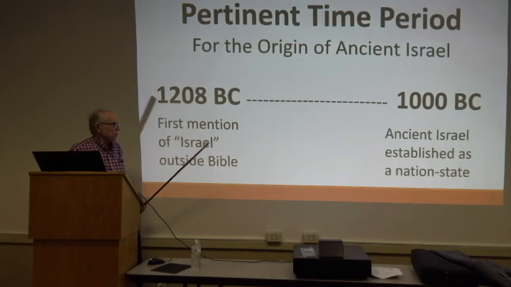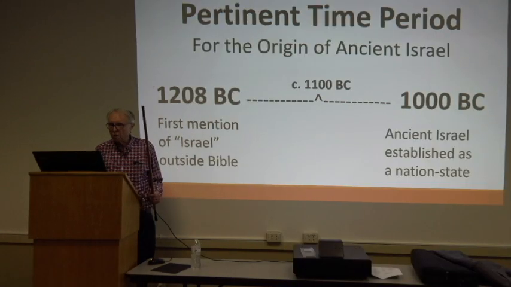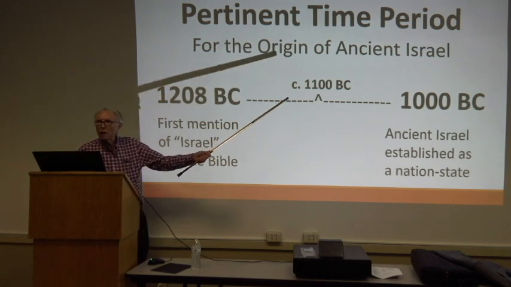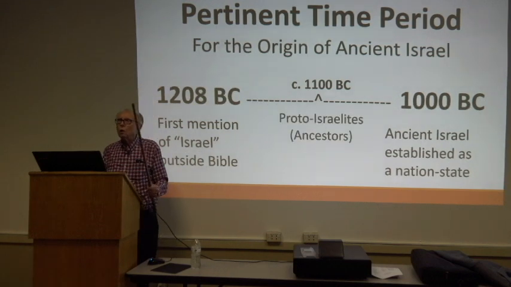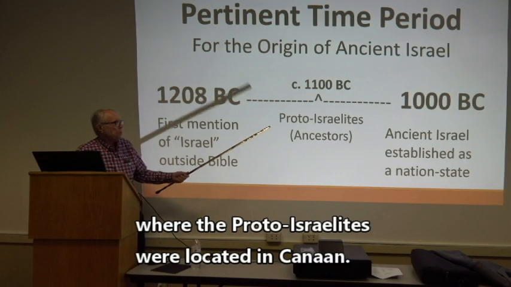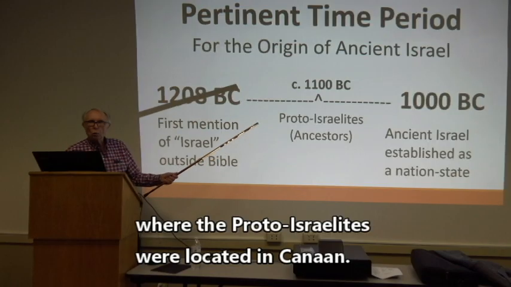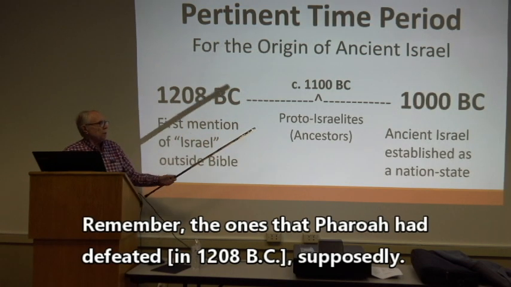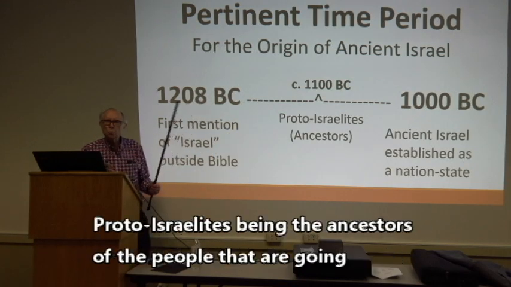So we had the pertinent time period, 1208 to 1000. And in the middle of that, about halfway through, scientists discovered where the proto-Israelites were located in Canaan. Remember the ones that Pharaoh had defeated, supposedly?